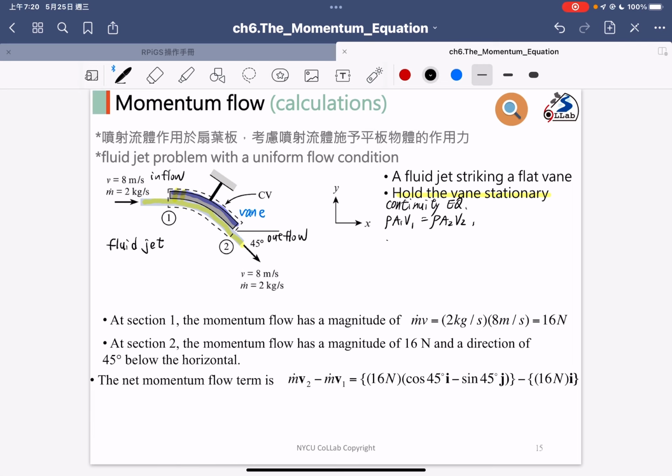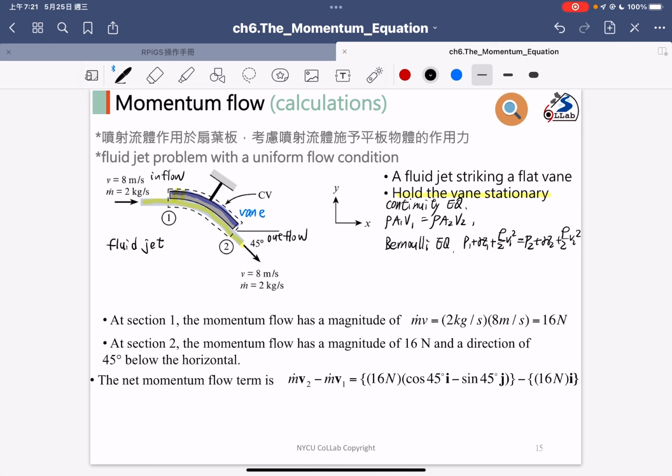And then we have the Bernoulli equation. So we know that P1 plus gamma Z1 plus one half rho V1 squared will equal P2 plus gamma Z2 plus one half rho V2 squared.